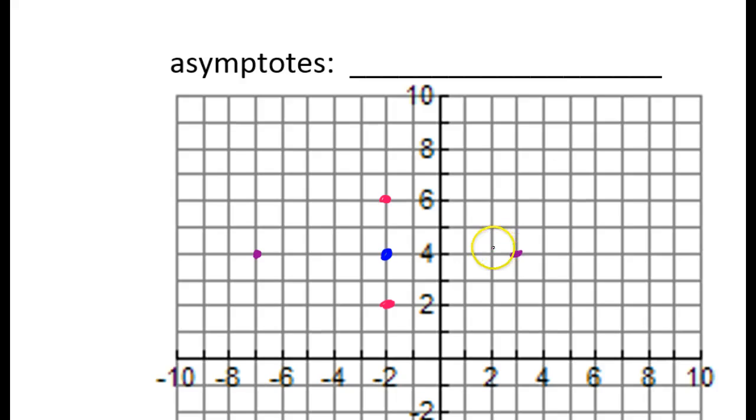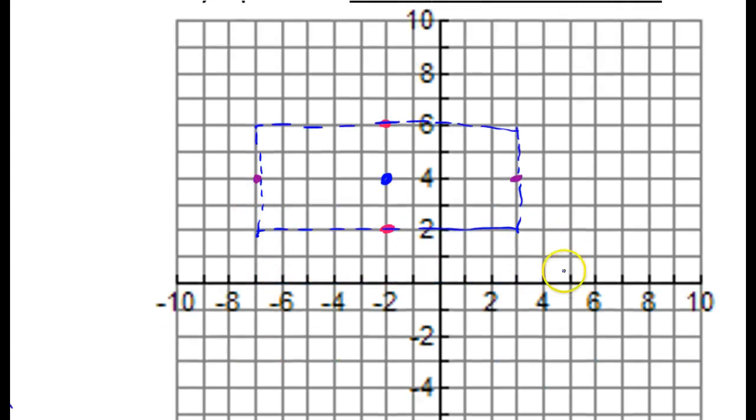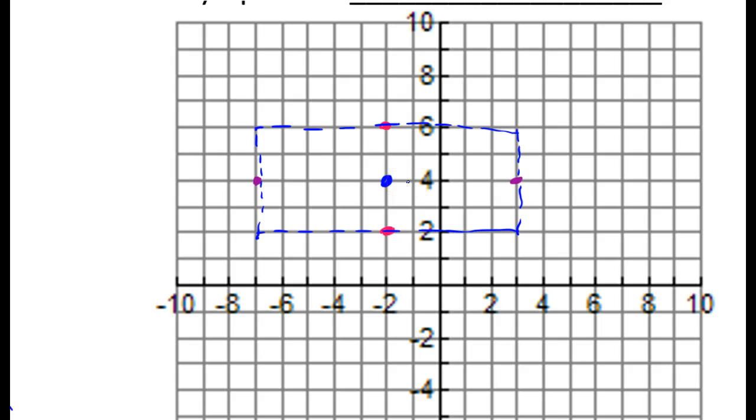Now that we have the vertices and the co-vertices, let's go ahead and draw that rectangle that passes through the vertices and the co-vertices. Draw the rectangle as a dotted line. And know that the asymptotes will pass through the diagonals of this rectangle. So this is up 2 over 5.